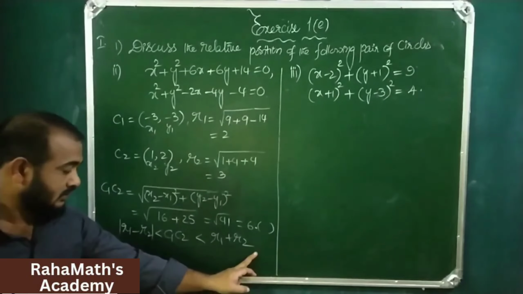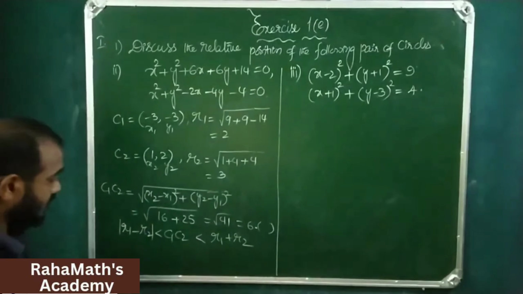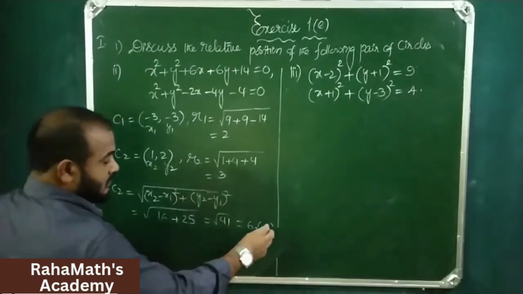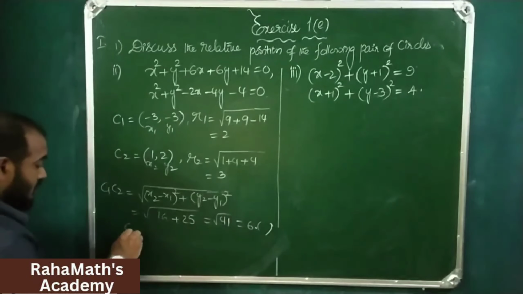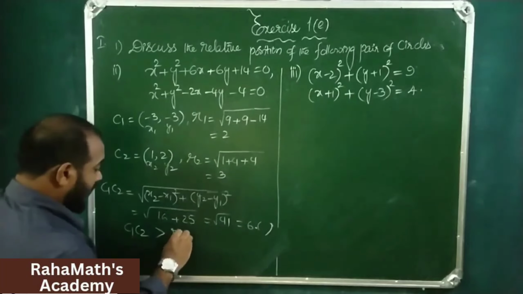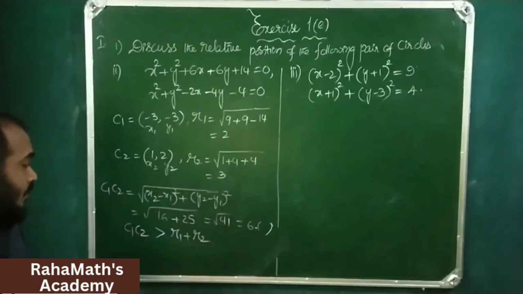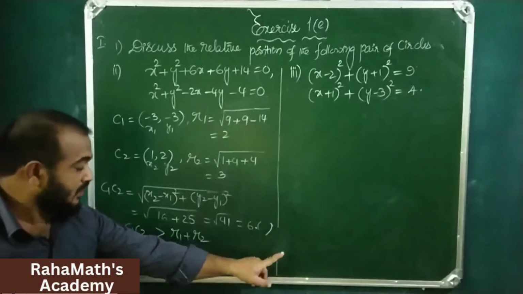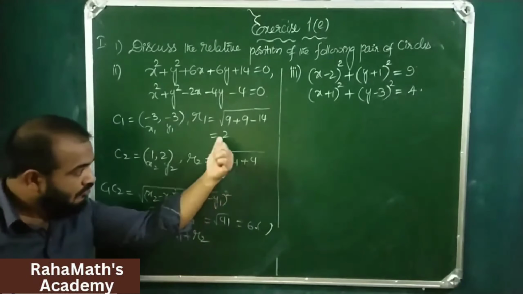Now C1C2 is greater than R1 plus R2, because root 41 is more than root 36, 6 point something, which is definitely more than 5.